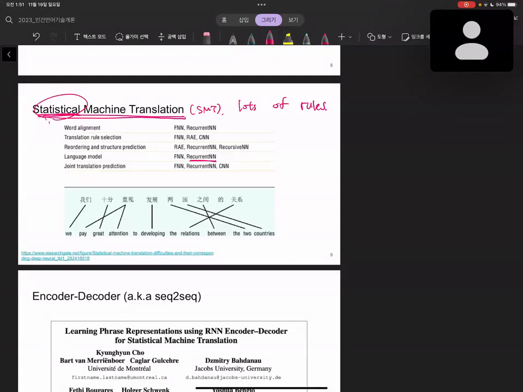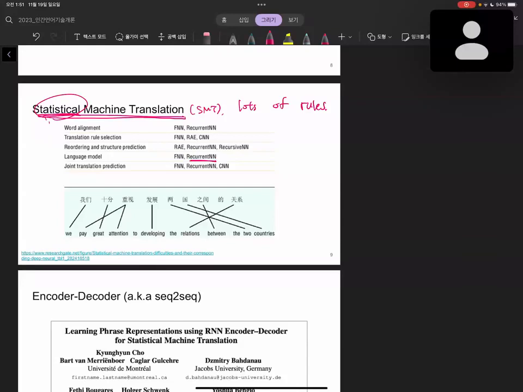And 10 years ago, a machine translation team included 10 to 50 people, and they wrote the rules for machine translation, which is very, very difficult, and also not that effective.